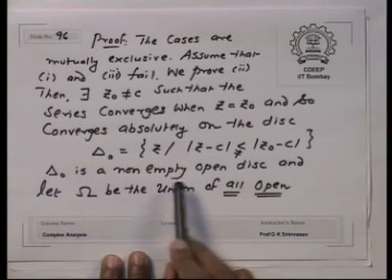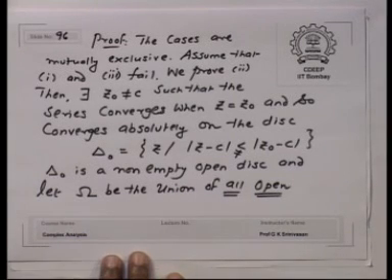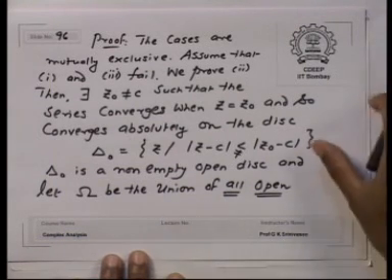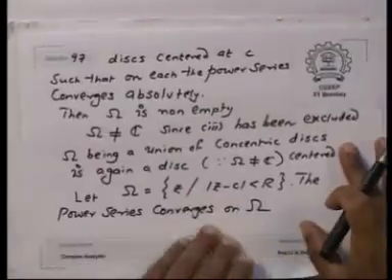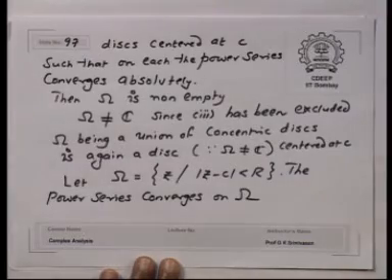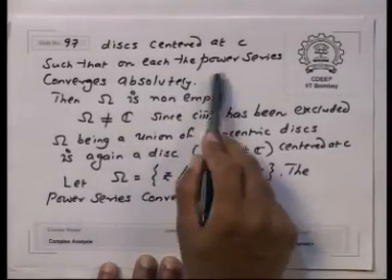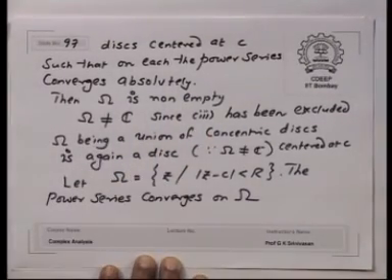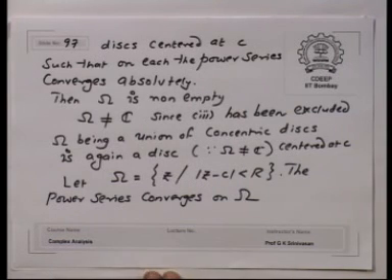So, delta naught is a non-empty open disk on which the power series converges absolutely, and take omega to be the union of all disks centered at c such that on each of these disks the power series converges absolutely. Then omega is non-empty because it already contains delta naught. Omega is not equal to C since the third case has been ruled out. Now, what is the third case? The power series converges for all values of z.